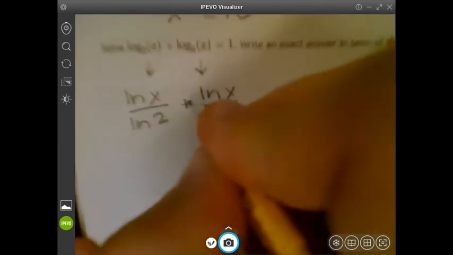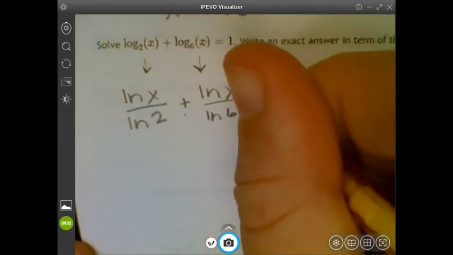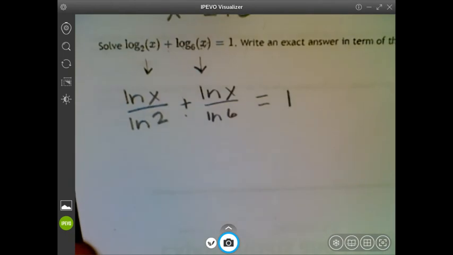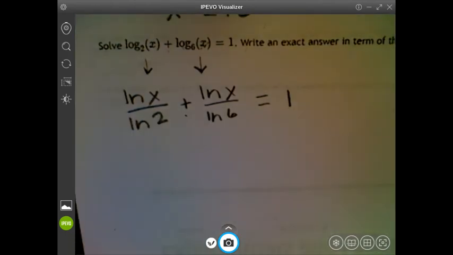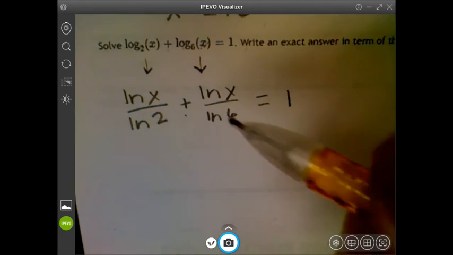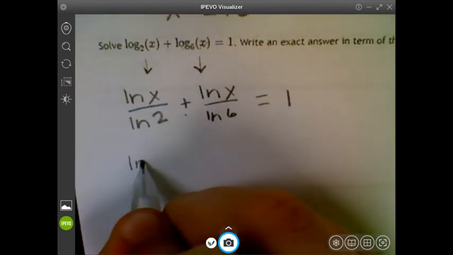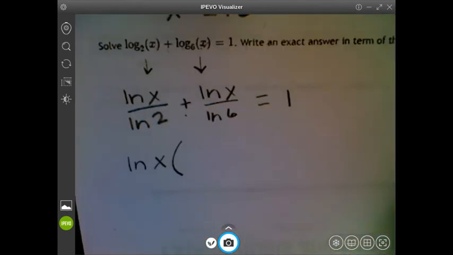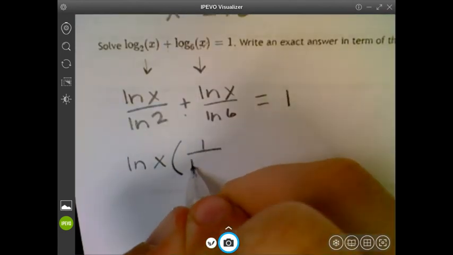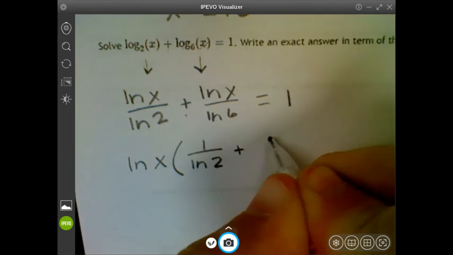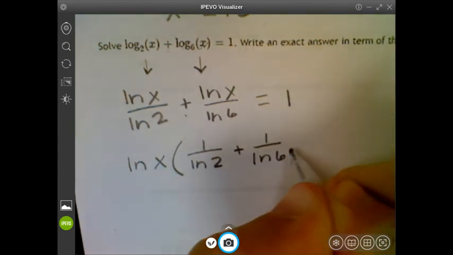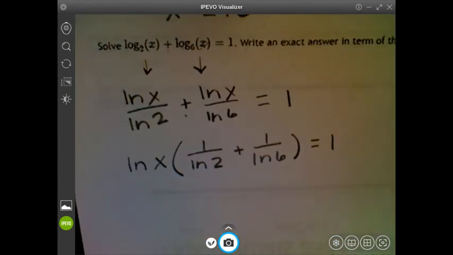And those are still being added together, and they are still equal to 1. All right. In terms of solving for x here, I noticed that both terms have a natural log of x. So what I can do is I can factor out the natural log of x and have 1 over ln of 2 plus 1 over ln of 6 equal to 1.